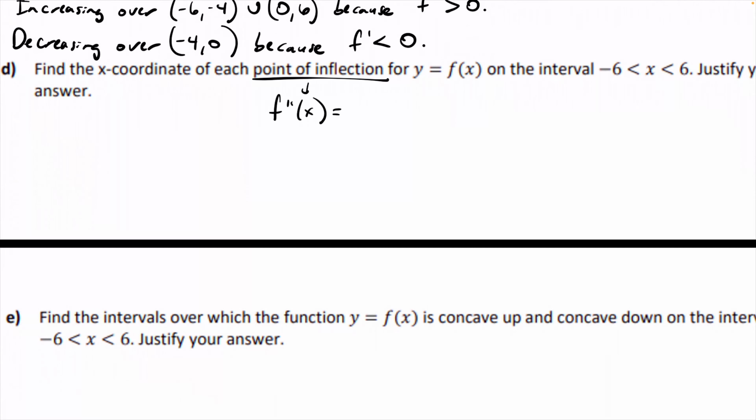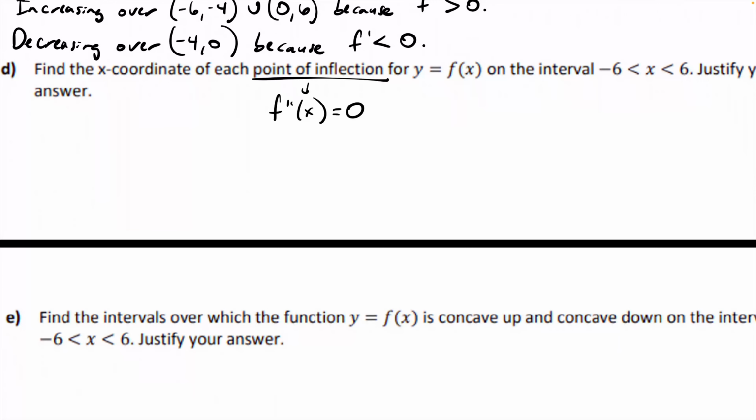So not positive or negative, because that's concave up and concave down. It's in between those. What's in between? Zero. It's kind of the critical value for second derivative.